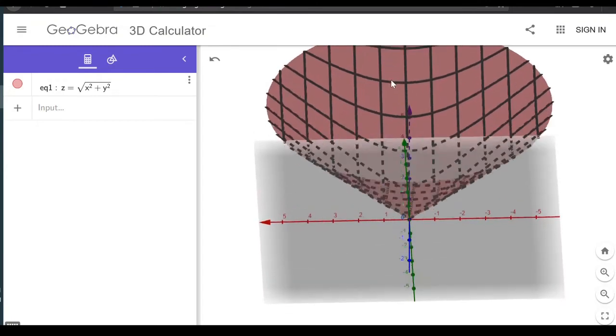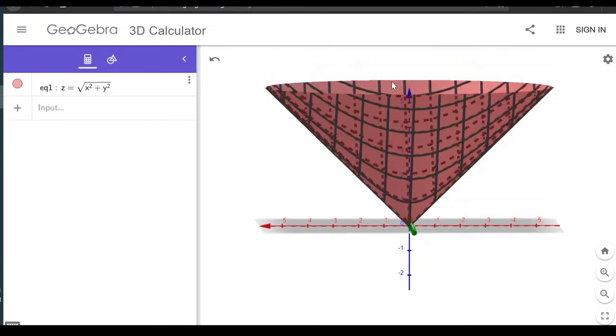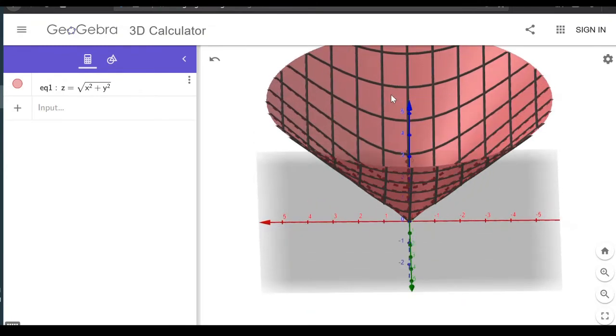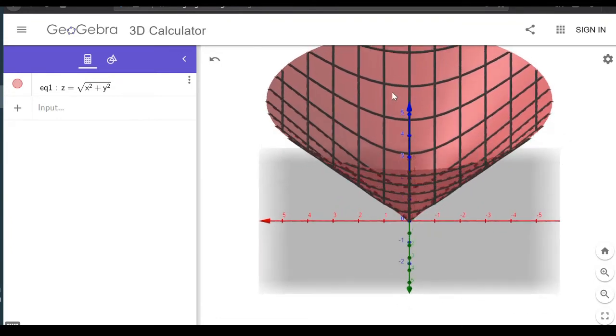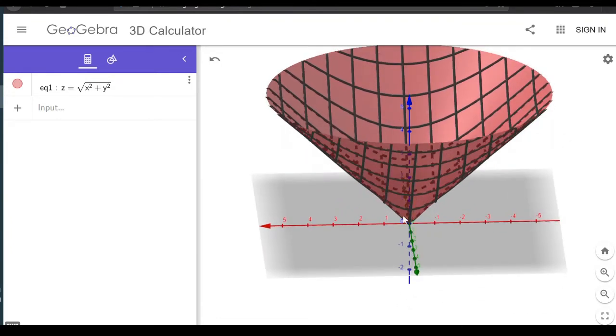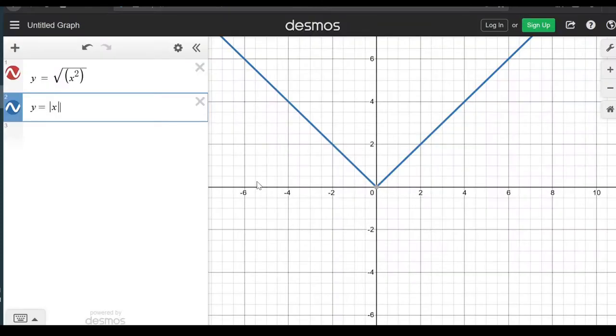Here, from a side angle, you can see the V, and the V got spun around to create a three-dimensional surface in the shape of a cone with the vertex here at the origin. So the cone with x squared plus y squared under the root is the 3D equivalent of the absolute value equation with just this single squared variable under the root.